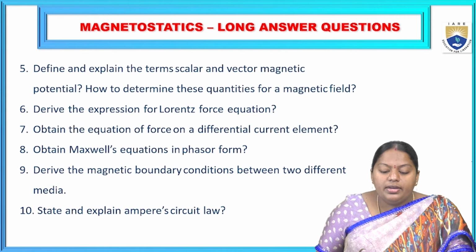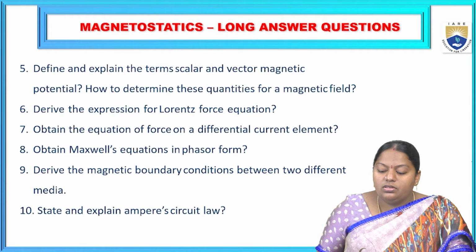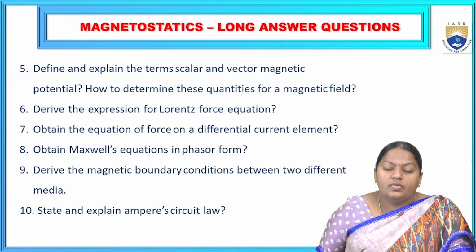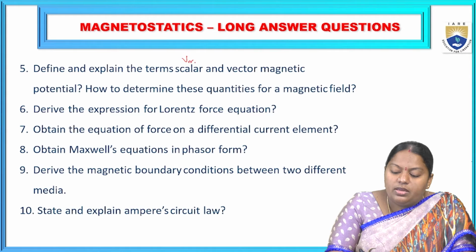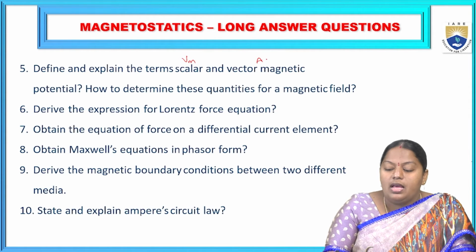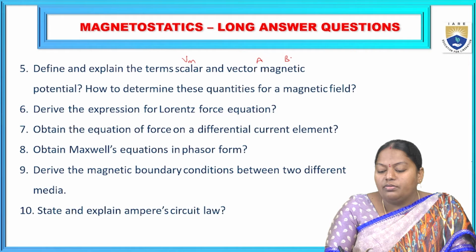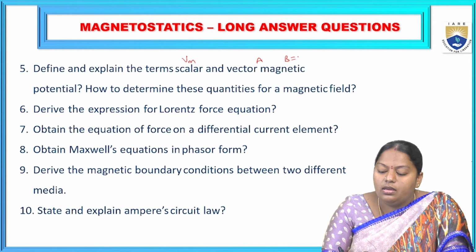Next, define and explain the terms scalar and vector magnetic potentials and how to determine these quantities for magnetic fields. So the scalar potential is represented with V_m and the vector magnetic potential is represented with A, and the relation between magnetic flux density B and the magnetic vector potential is given by B equal to del cross A̅.